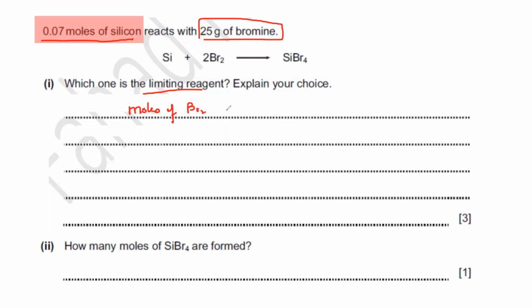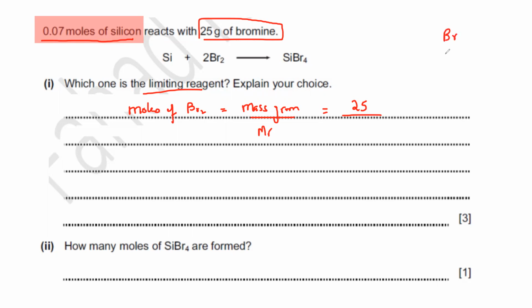How do we get the moles of bromine from the mass? The formula: moles equals mass in grams divided by the molar mass. The mass in grams is 25, divided by the molar mass. How do we work out the molar mass? You have to use the periodic table.